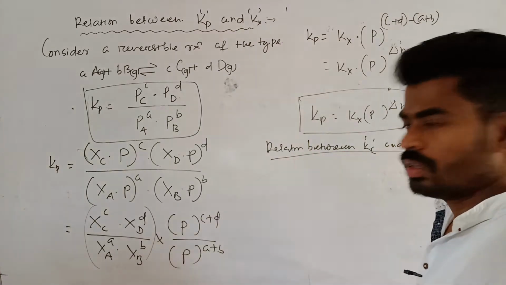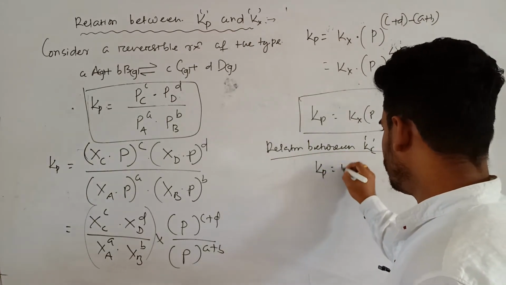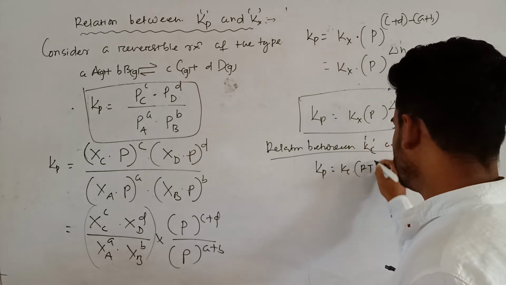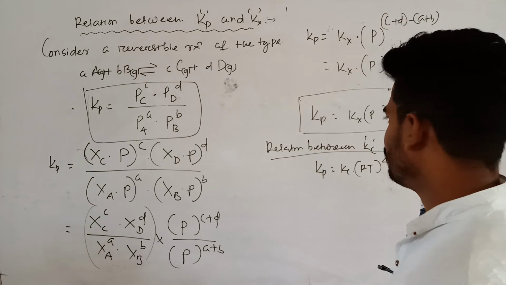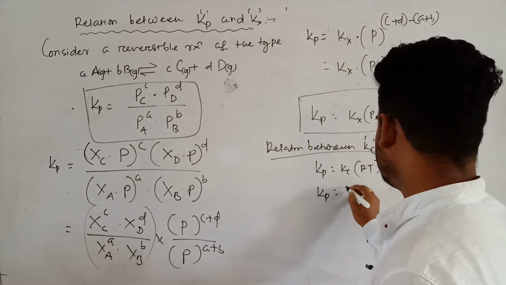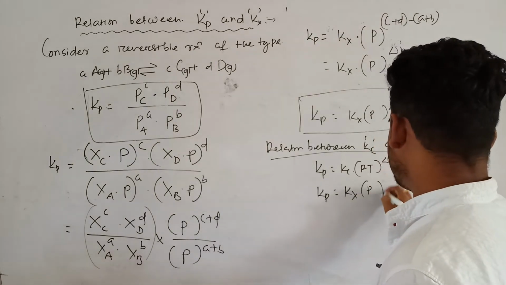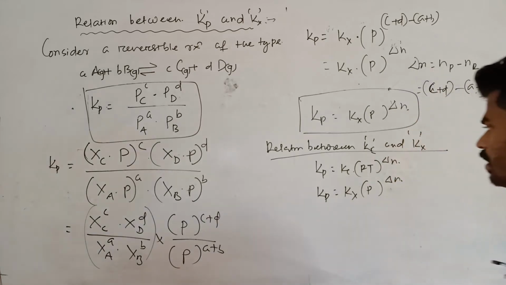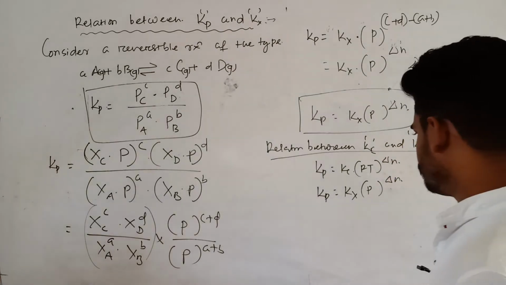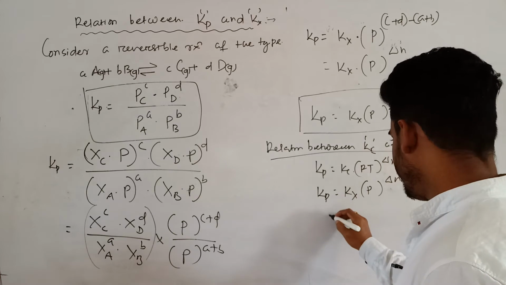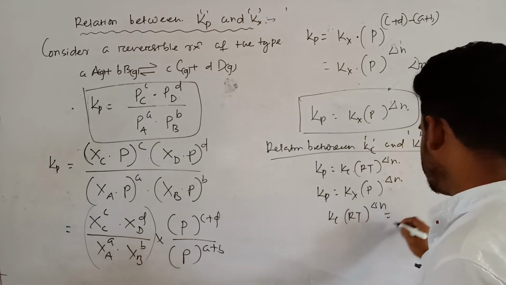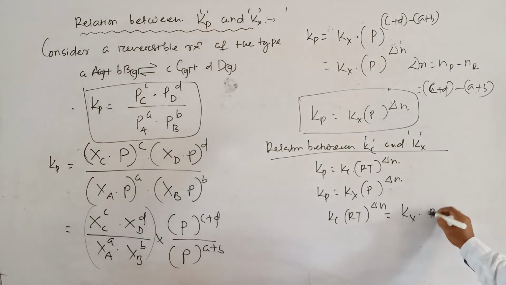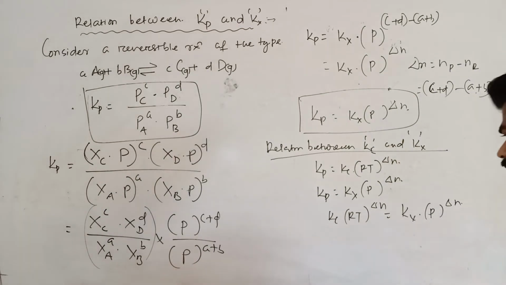So you know that Kp is equal to Kc into RT to the power del n. Another equation I have just got is Kp equal to Kx into P to the power del n. Clear? So from these two equations, you just tell me, Kc into RT to the power del n is equal to Kx into P to the power del n.